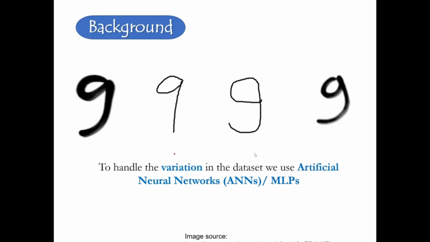So there may be n number of representations of a single object, like I have shown here, that 9 can be written in different types of fonts. So there may be variation in the data set of the same object, of the same type of image. To handle that variation in the data set, the concept of artificial neural networks, or the MLPs, comes.